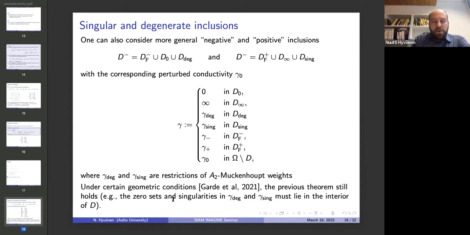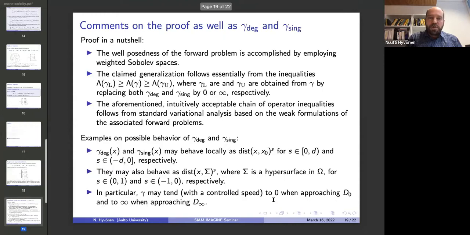And there are further geometric conditions, most importantly that the zero sets and singularities of these degenerate and singular parts must lie within the interior of these. At least we weren't able to prove it in the case where you start with a singularity in your conductivity, or the inclusion starts with something being 0. So the singularities need to be in the interior of the inclusion or inhomogeneity.